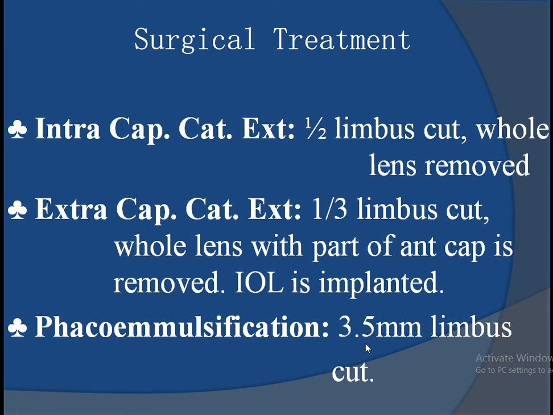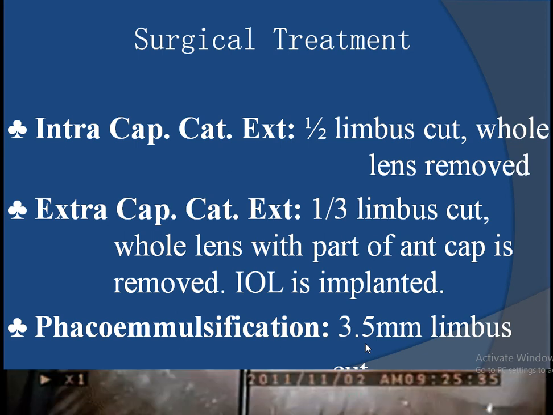It is broken into small pieces. Then these small pieces are sucked up, and after that the artificial lens is placed inside. Now I will show you the animations of all these procedures.